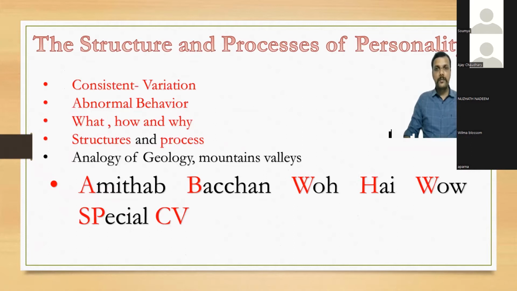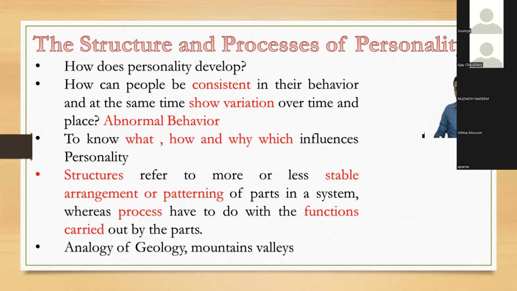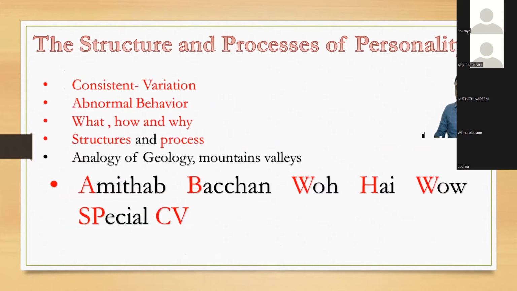Here in the structure and process of personality, as we previously saw, how is the behavior consistent and how is it variable. And also we have discussed abnormal behavior, why abnormal behavior is happening. In this chapter we are just discussing the questions. There is no answer given, it is just raising interest in how everything is forming, how some people are constant and also variable, how abnormal behavior is forming, what, how and why these things are happening, structure and process, all these things.